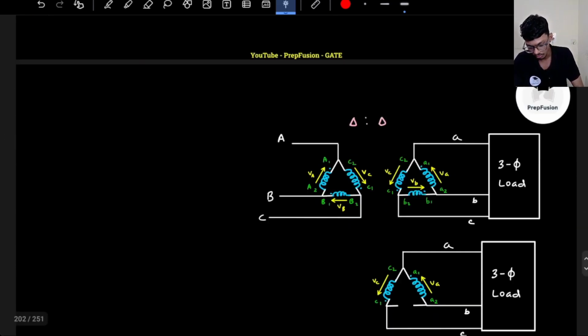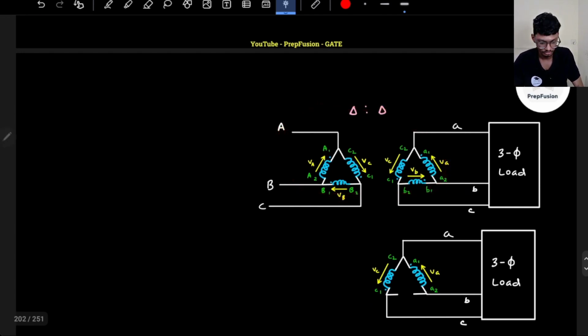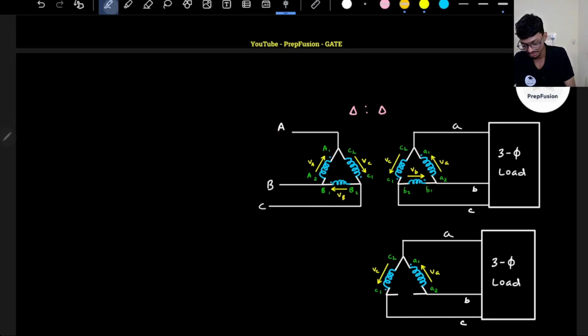Okay, so if everything is fine, there is no fault, the delta is not open, everything is normal, then how much power can I give? So what is the rated voltage and current of phase?